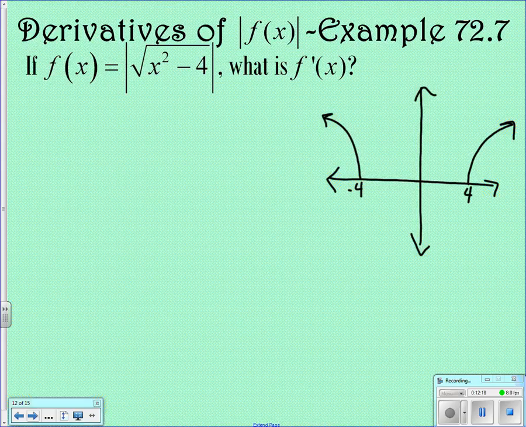I'm sorry, the square root of 4, 2, and negative 2. If you didn't have absolute values, it would still look the same because the radical is always going to be positive. So you can really make this function just the square root of x minus 4 if you would like.